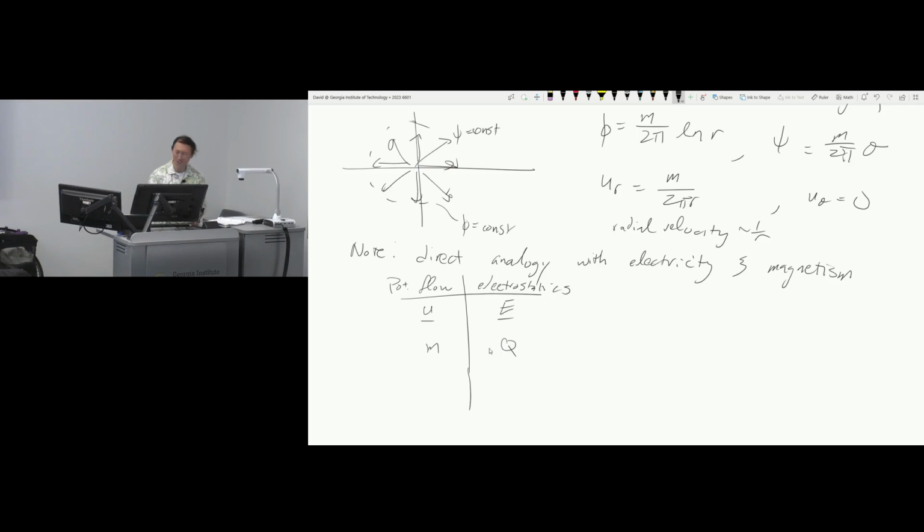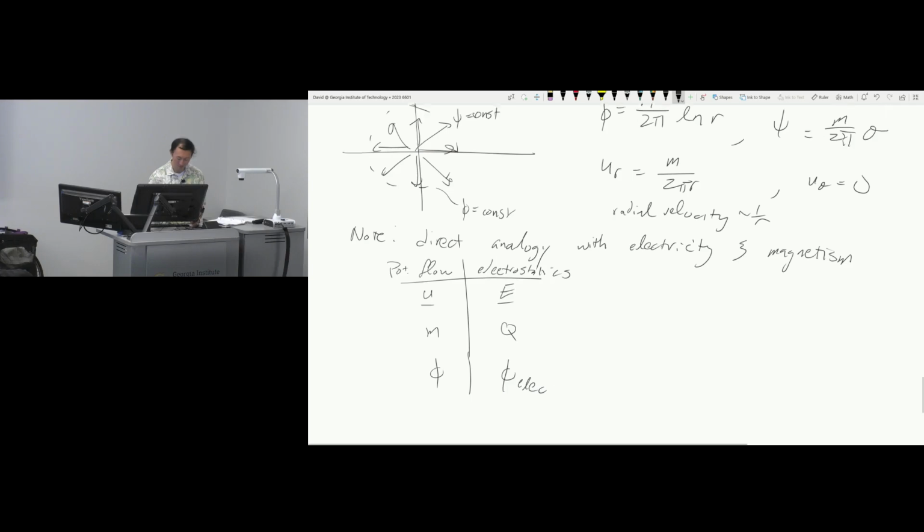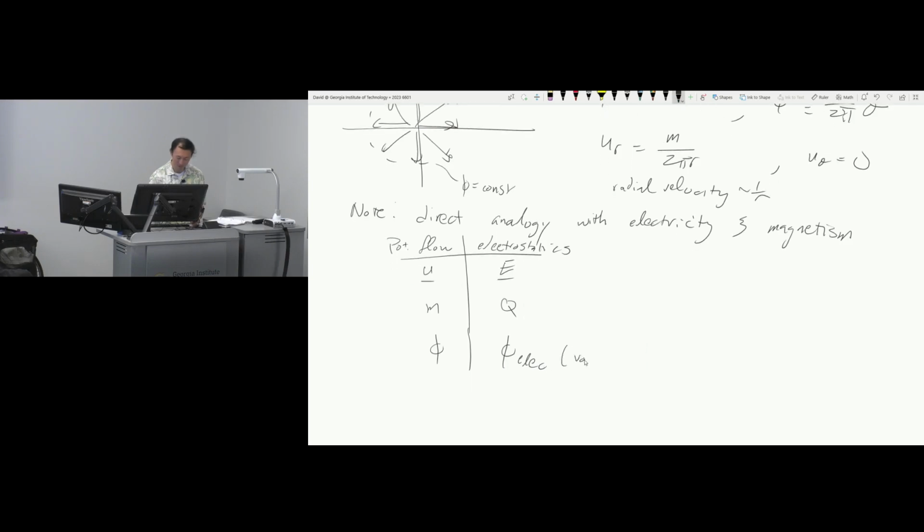Q, charge. And phi is the electrical potential. I think that's voltage. Voltage and potential are the same thing, right? So there's this direct analogy.